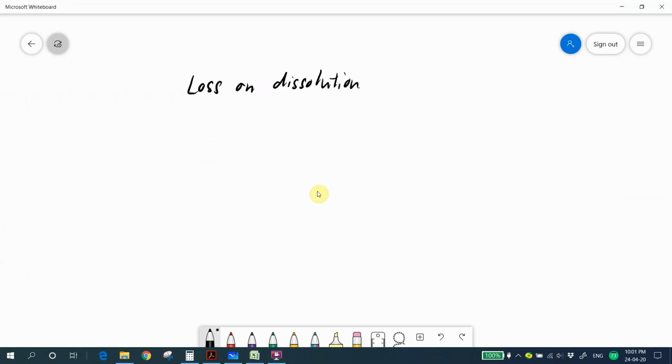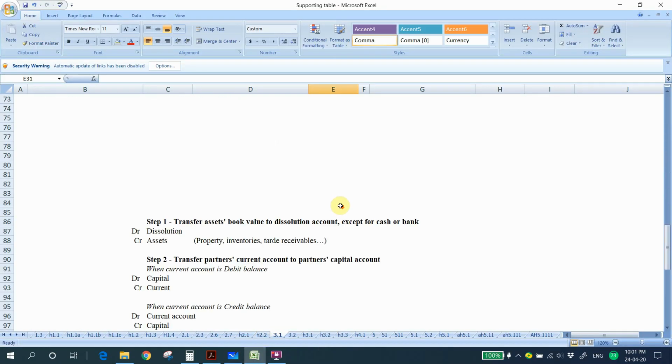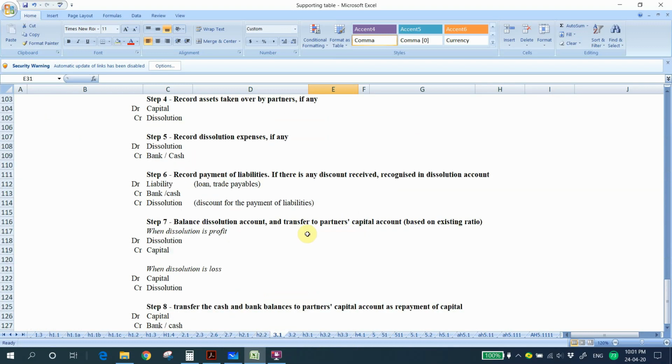So we know that we have to share 46,500, and this is shared to Tan and Chu. So this 46,500, how do we share it? We need to base on the existing sharing ratio.